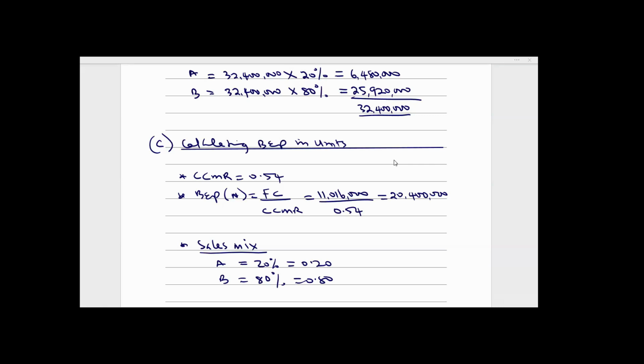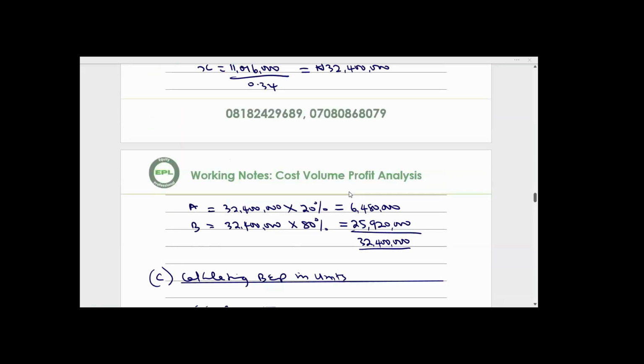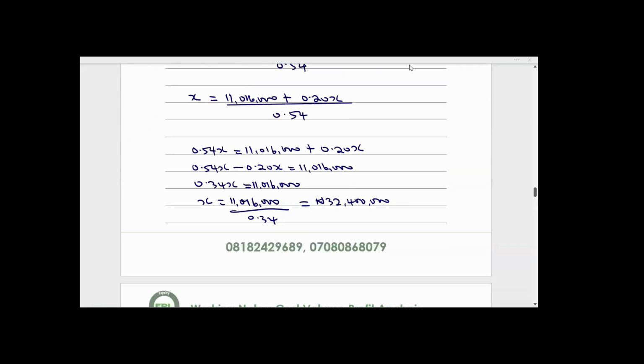We don't need it now. You can use it and you will still get the same thing, but in my own case, I don't need it. In ICAN, you can use the 33,600, which is what we have originally. When you add up the sales value of the two products, it will give you 33,600,000. So I don't need it. What I need to do is just follow the normal procedure.